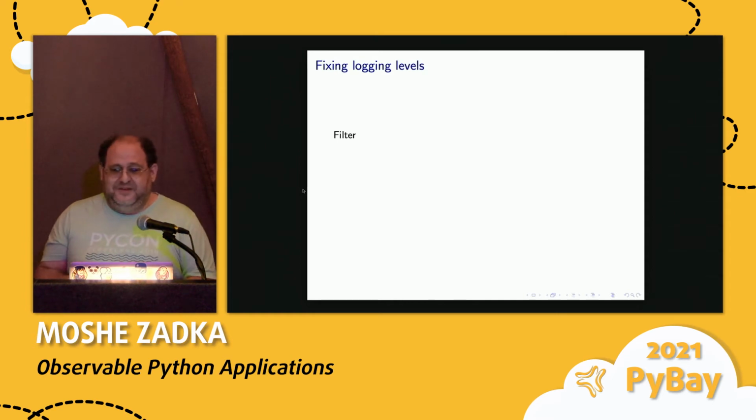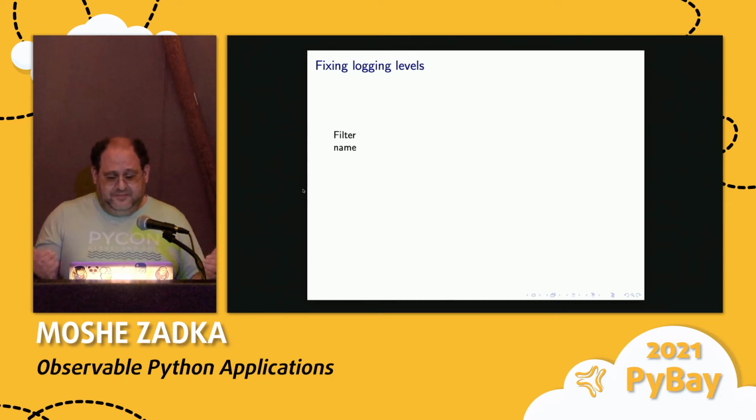So you're going to need to fix that. Luckily, Python gives us the ability to fix it. The logging library has a notion of a filter. Unlike what you would expect from a filter, this filter can actually change stuff. And luckily, it knows how to change stuff because we don't only get the level, we get the name of what's logging.